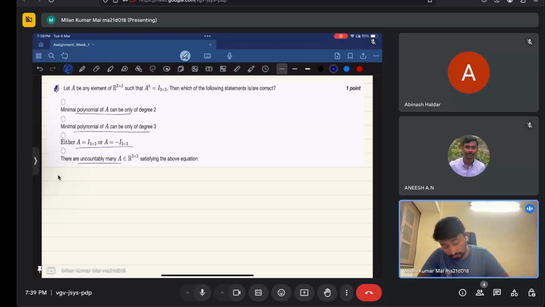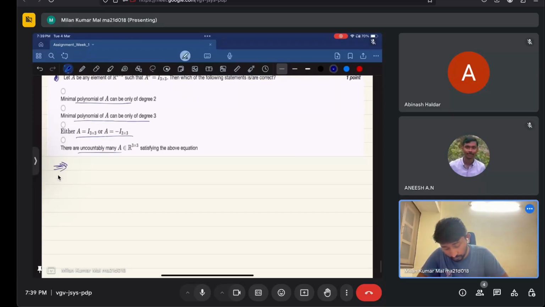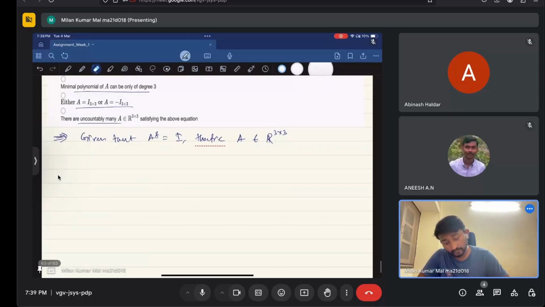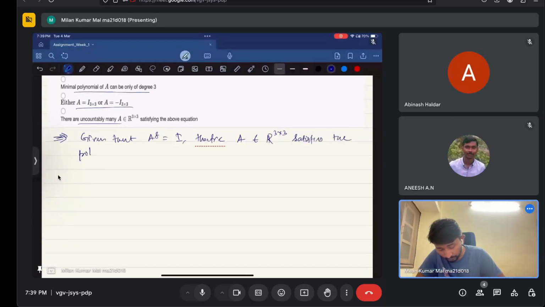Okay, so given that A to the power n is equal to identity, therefore the matrix A, that is of 3 by 3 order, satisfies the polynomial equation x to the power 8 minus 1 equals 0.